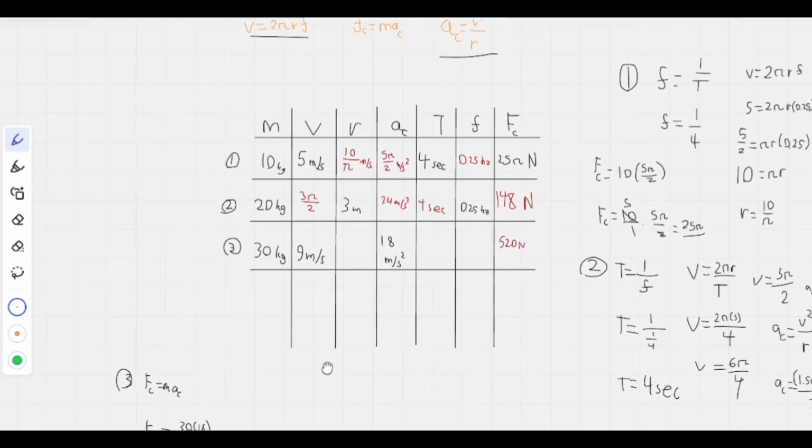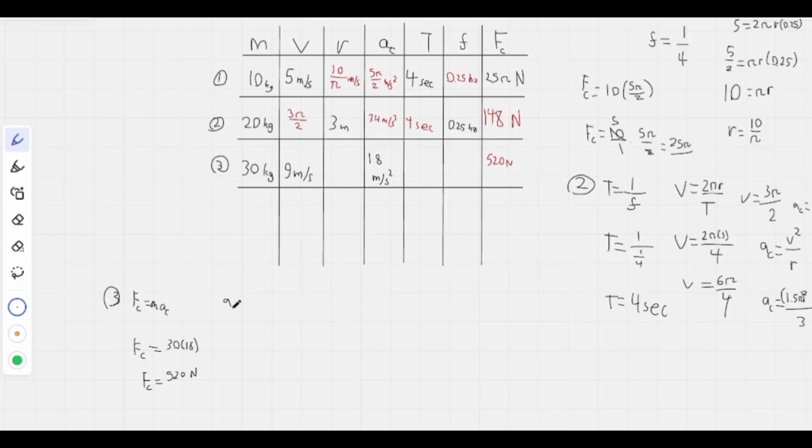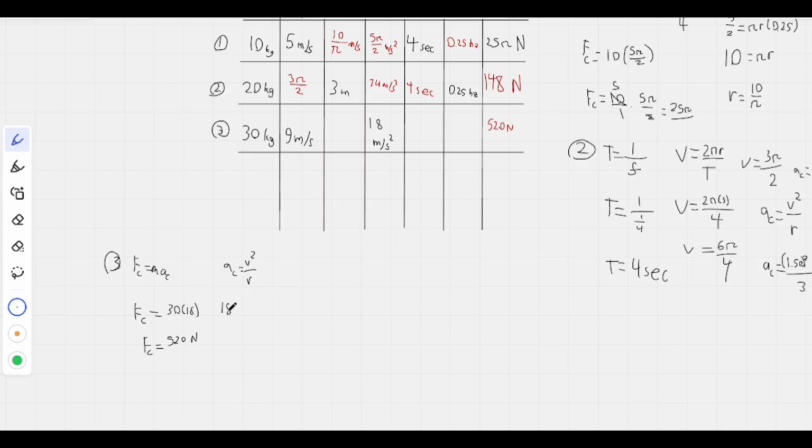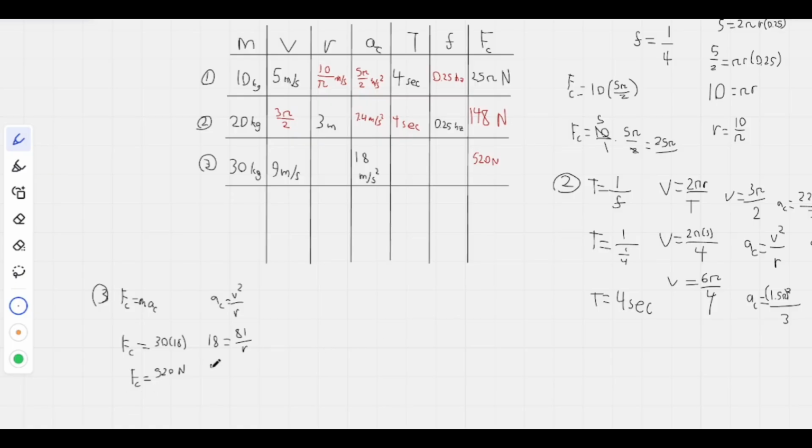Now, AC equals V squared over R. Our AC is 18, and then V squared would be 81 over radius. So now all we'd have to do in this situation is divide 81 by 18, which equals 4.5 meters.